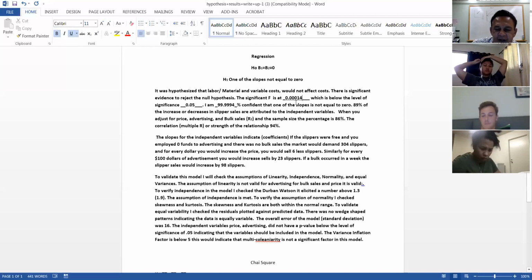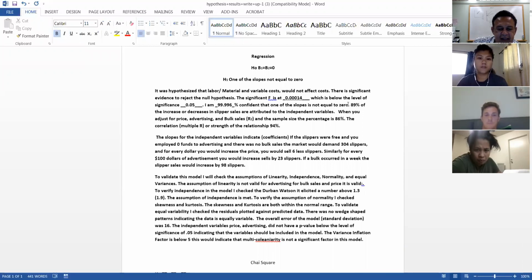I am 99.99% confident at least one is not equal to 0. And when we look at our R square, it tells us 77.73%. Right?